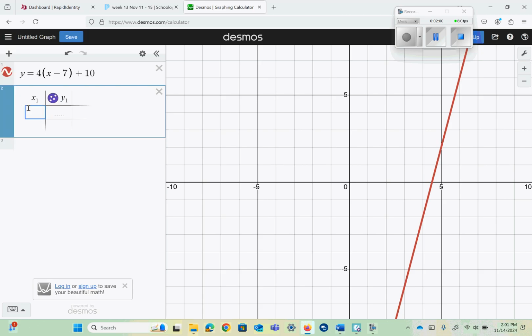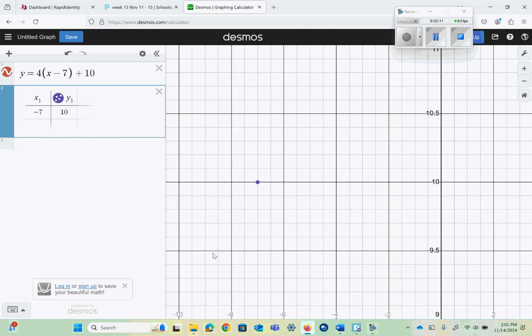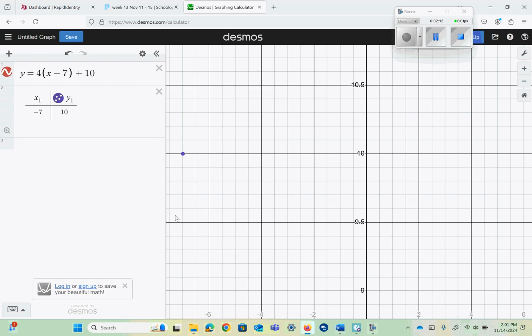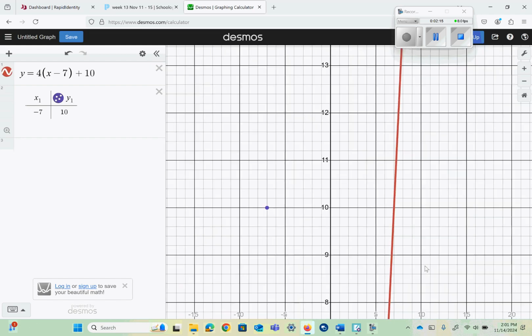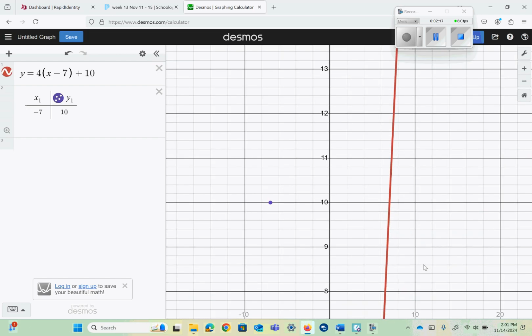So we have that, and then we also say that we have a point -7, 10. So you see the dot, you see the line. I just want to make sure it's -7, 10.